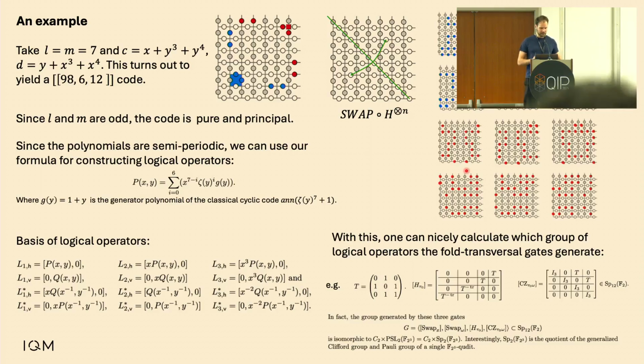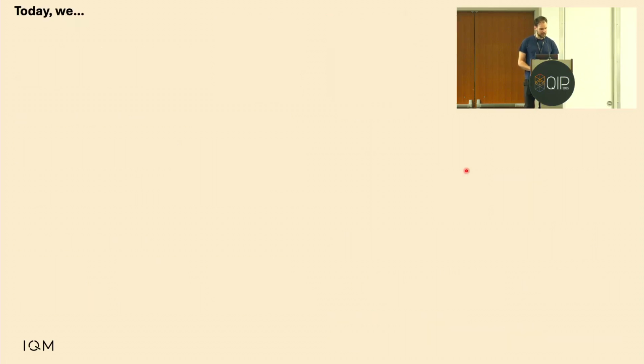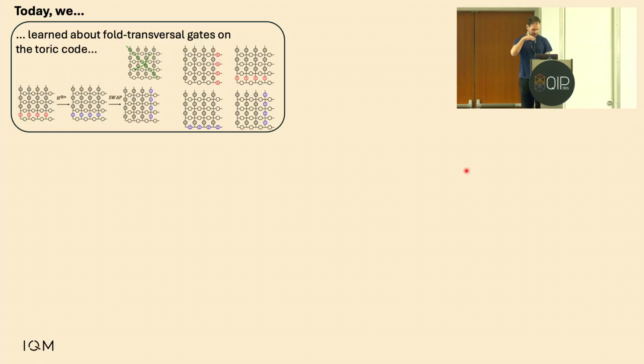Yes, and looking at this, I want to remind you of the first two slides. So we saw for the toric code, everything is extremely easy, because we had these well-structured logical operators. And somehow by working very hard, we recovered this, although we kicked out the product structure. So I want to quickly wrap up. Again, toric code has very nicely structured logical operators, and because of that, it's easy to understand.